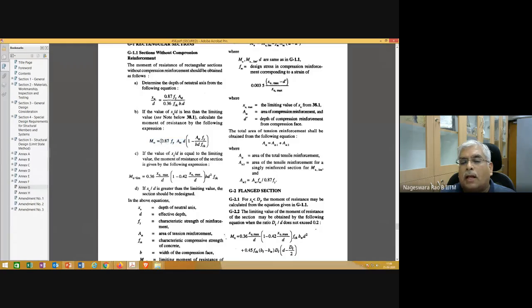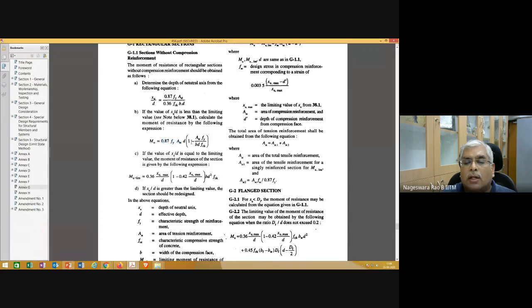So total tensile force, 0.87 Fy AST, multiplied by lever arm. What is the lever arm here? Lever arm here is D minus 0.416 XU. Okay, let's see that.